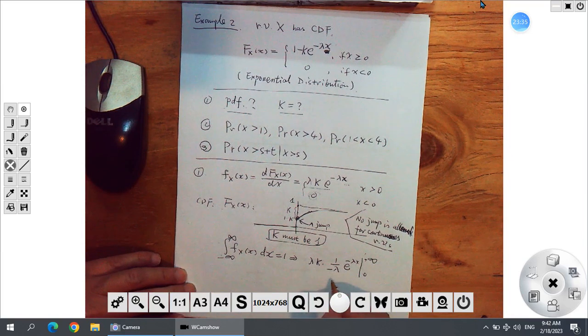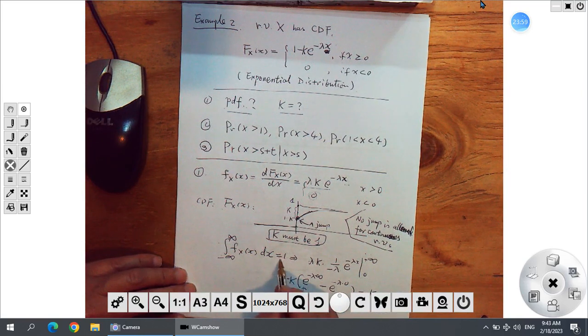The lambda cancels, we have negative k, and inside is e to the negative lambda x at infinity minus e to the negative lambda times 0. This is 0 and this is 1. So negative k times negative 1 is k.